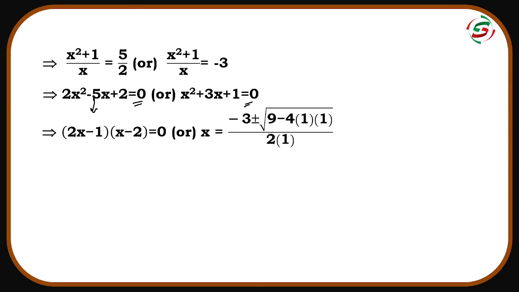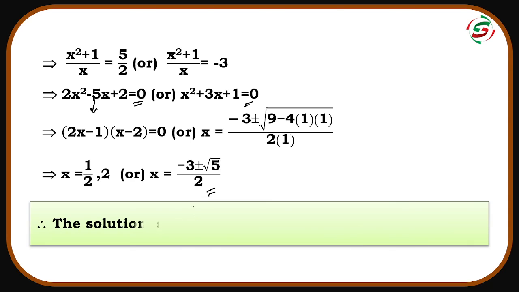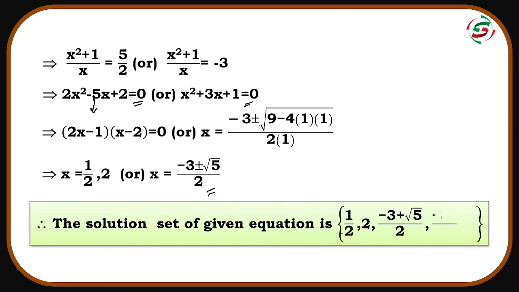And here, minus b plus or minus square root of b square minus 4ac formula, you can simplify it. You will get x equal to 1 by 2, 2, and x equal to minus 3 plus or minus root 5 divided by 2. Therefore the set of solutions are 1 by 2, 2, minus 3 plus root 5 divided by 2, and minus 3 minus root 5 divided by 2.